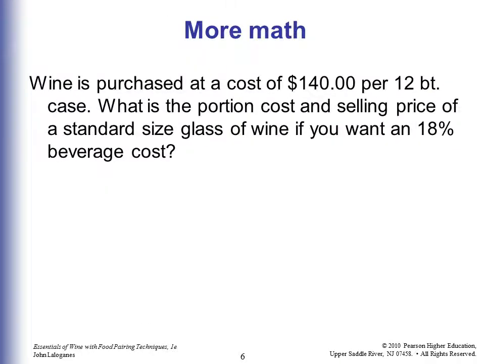And the last one. Wine is purchased at a cost of $140 per 12 bottle case. What's the portion cost and the selling price of a standard size glass of wine if you want an 18% beverage cost?